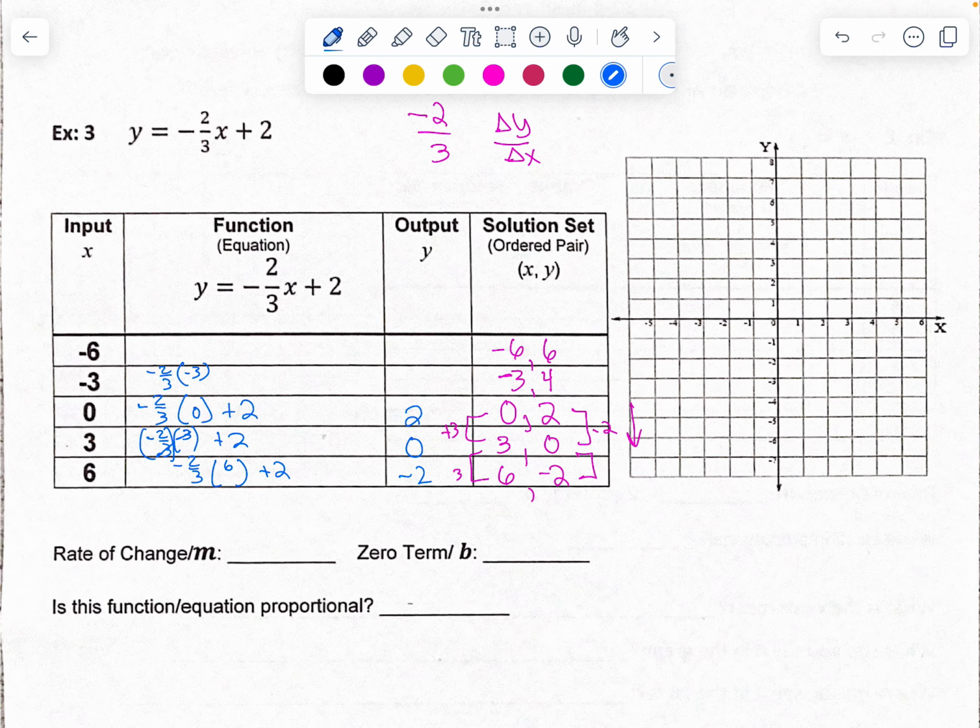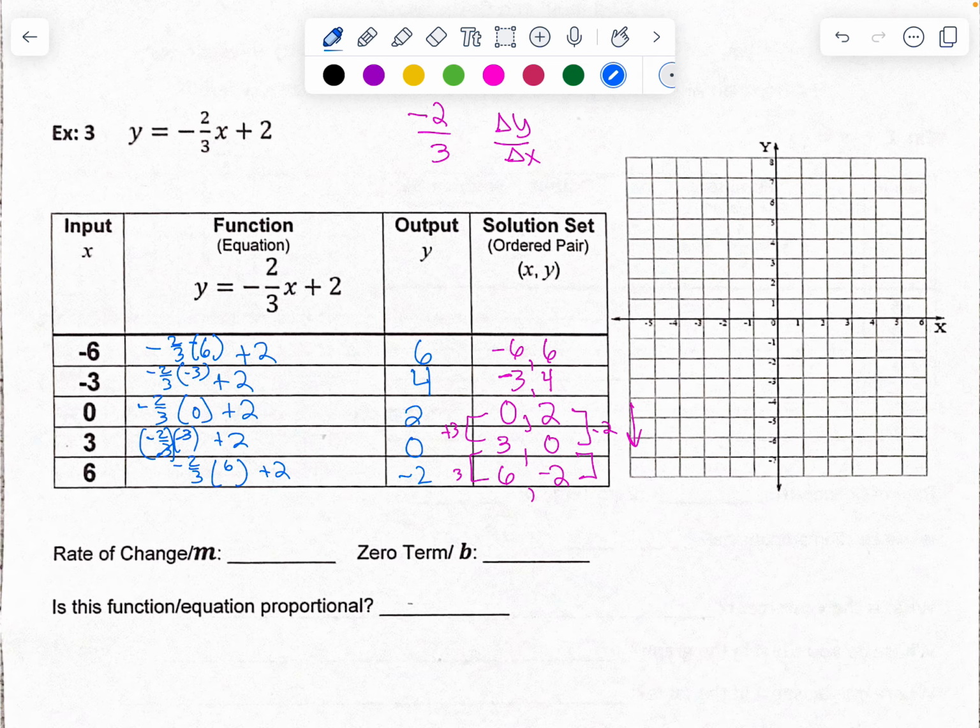A negative times a negative is a positive. It would be 6 over 3, which is 2. 2 plus 2, which is 4. And that works out. And then negative 2/3 times negative 6 is positive 12 over 3, which is 4. 4 plus 2, which is 6.